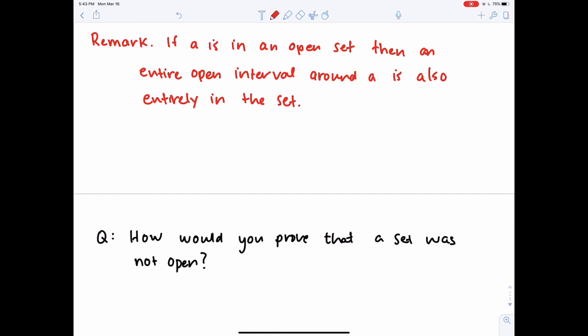What would they need to be able to offer you as proof that you should believe them? So take a moment and pause the video and write out the symbolic negation of the definition of open, and then think about it more at a high level and make sure that you're understanding what's going on.